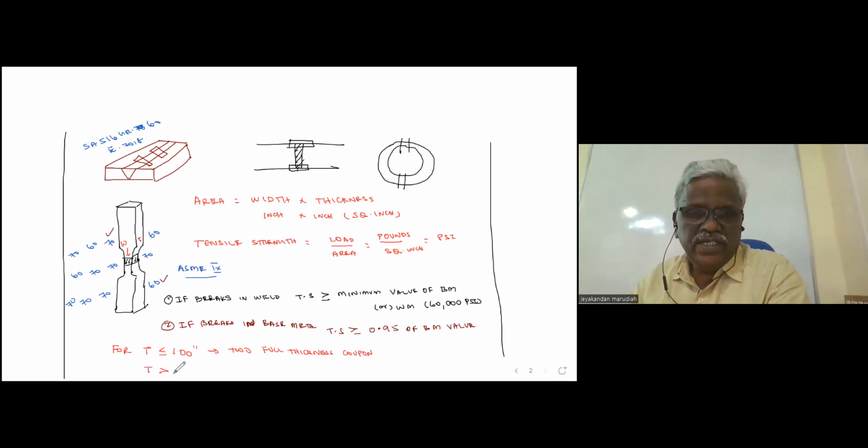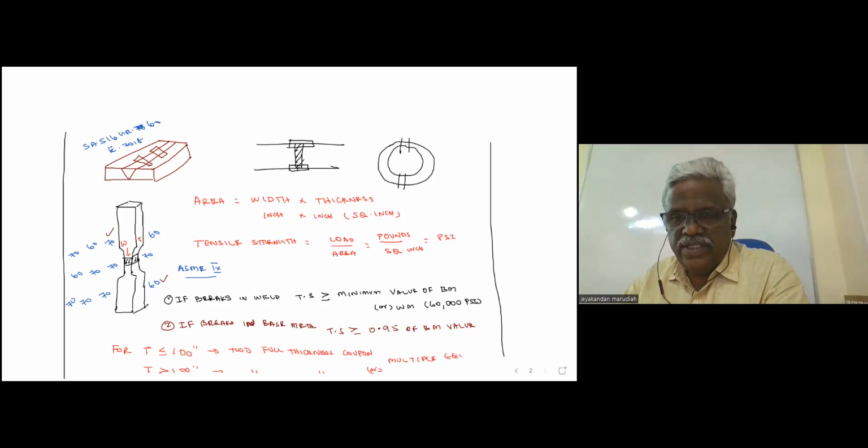For thickness greater than 1 inch, you can use 2 full thickness coupons or multiple equal thickness coupons.